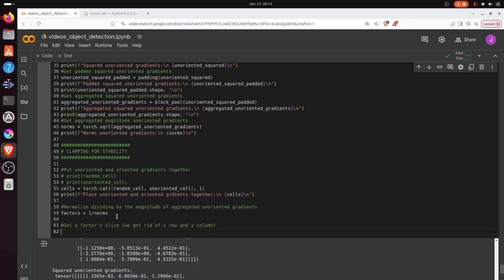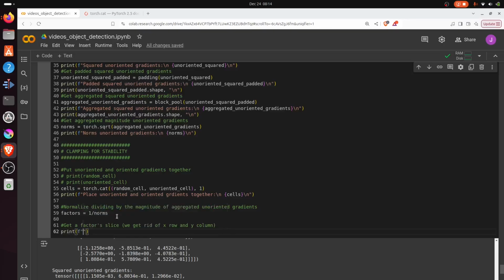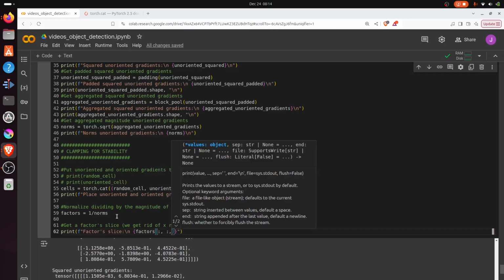What do I mean by that? Well, we're going to be printing them out so that we can see what's going on. So factors slice, we're going to have factors, and we're going to have everything.